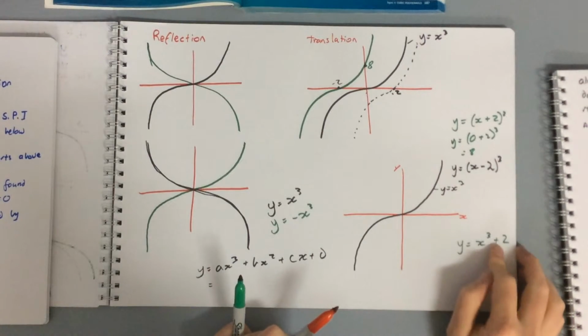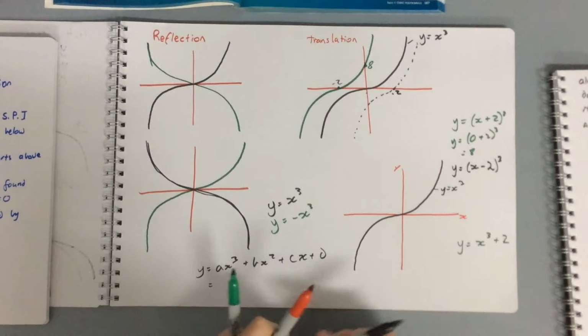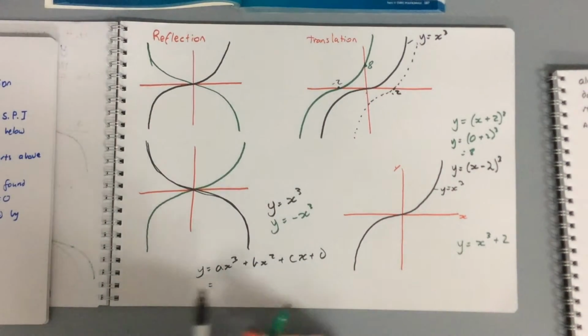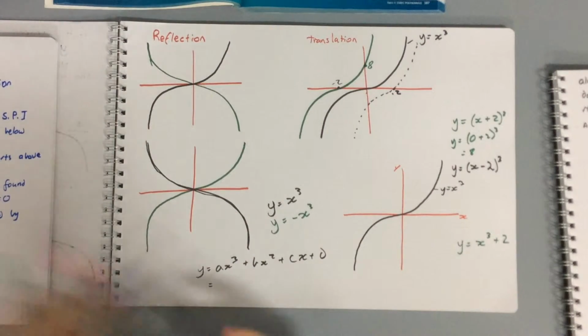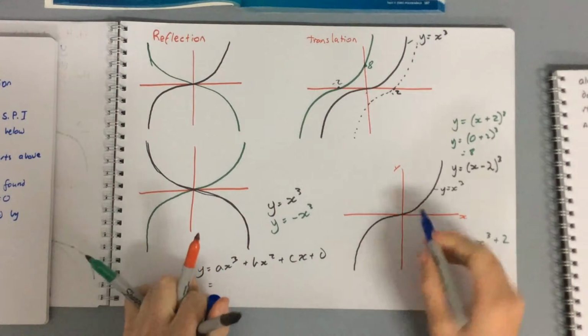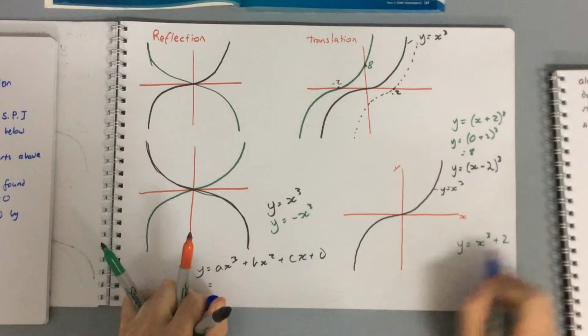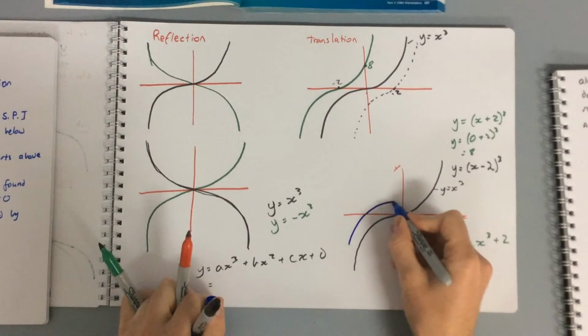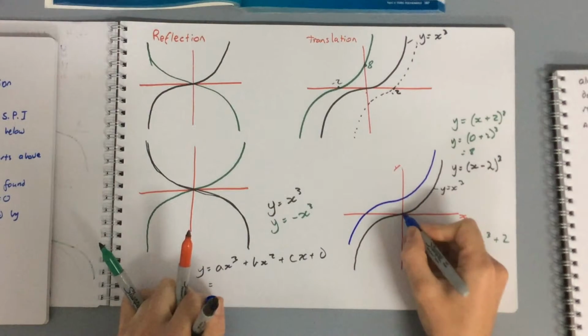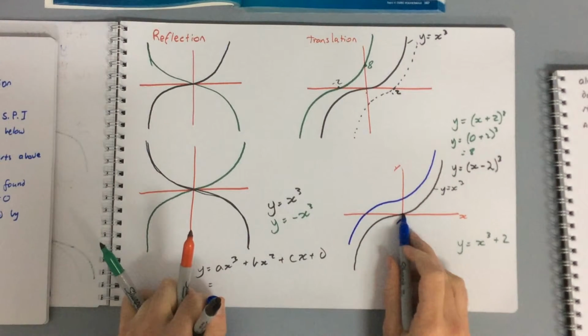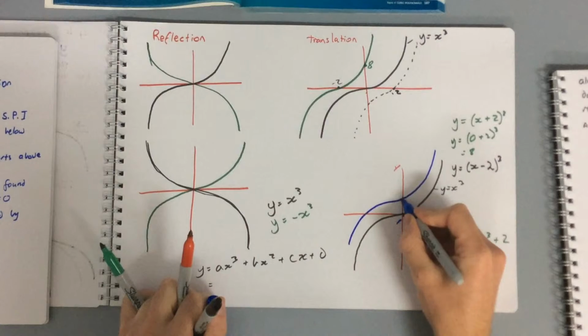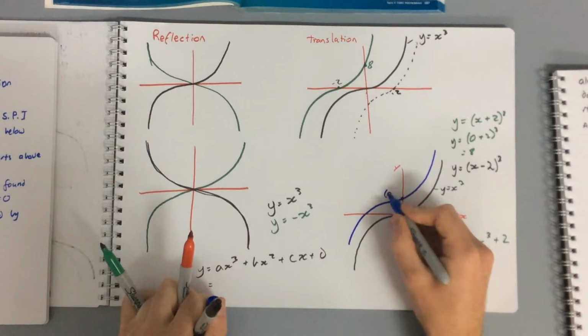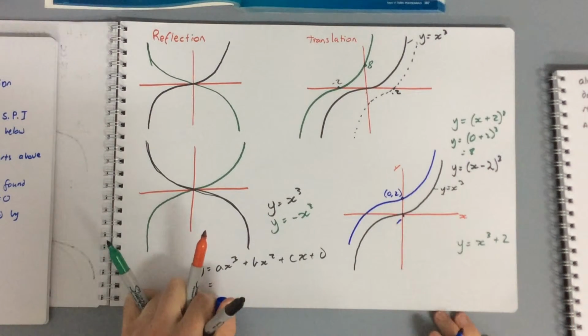If it's outside the cubed, it's going to move it up and down. These are very standard cubic graphs for the moment. So it's going to move it up 2. That sign doesn't change. It just indicates that this point here, at 0, 0, is going to move up 2. So we're going to have 0, 2 there.